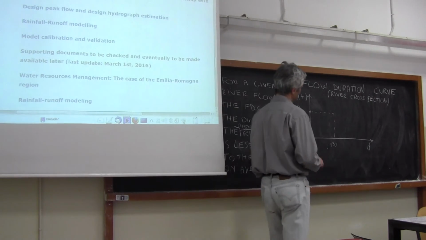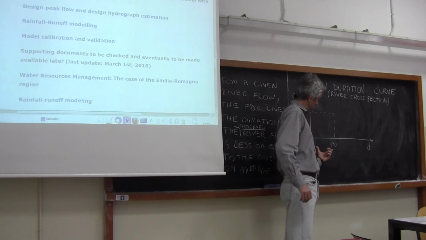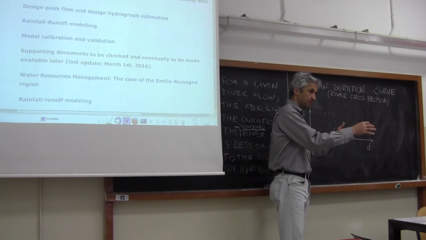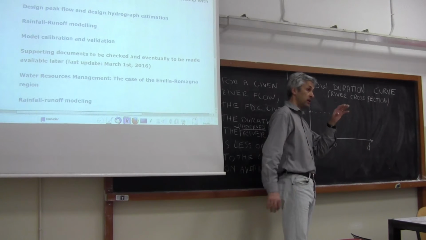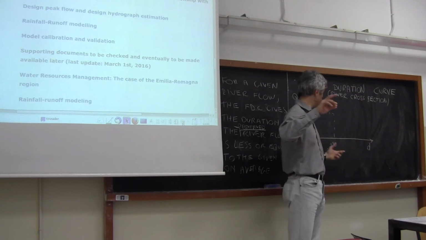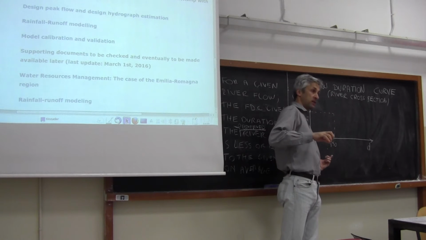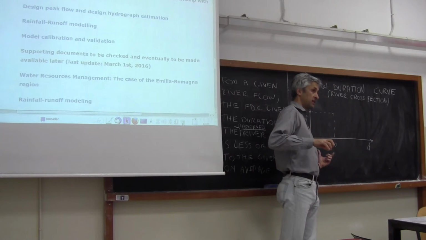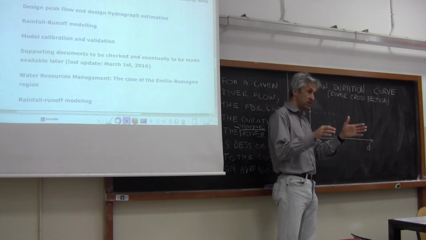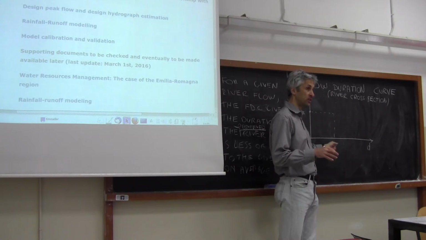Let's suppose that the duration is 150 days, and the duration is expressed in days per year. In fact, the duration can be expressed as a fraction. So let's suppose that it's expressed in days per year. And 150 days per year means that the observed river flow, on average, is less or equal than Q star for 150 days per year.